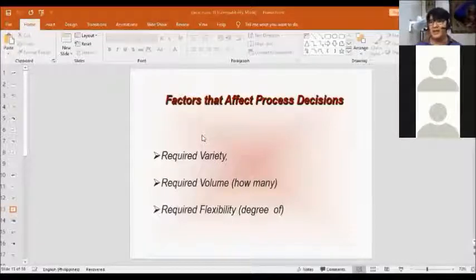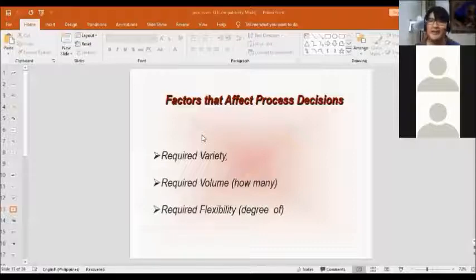Now there are new ones. For shampoo, there are shampoos for colored hair, for long hair, for short hair, for curly hair, and so on. So your process decision is now affected because you are introducing new products. You need to change your process decision because of introducing a new variety of product.